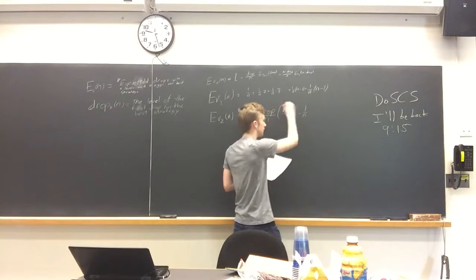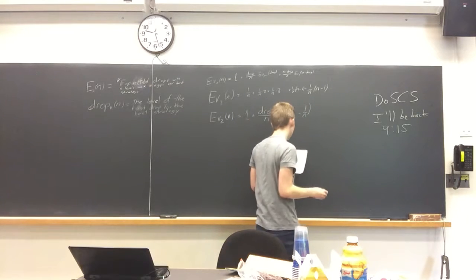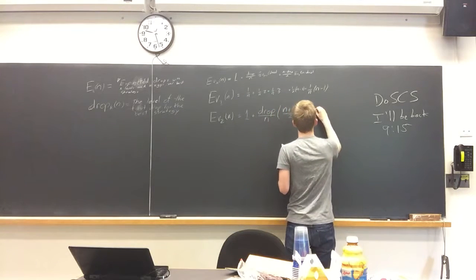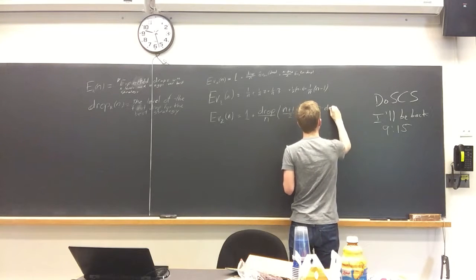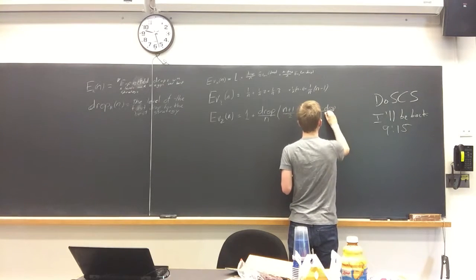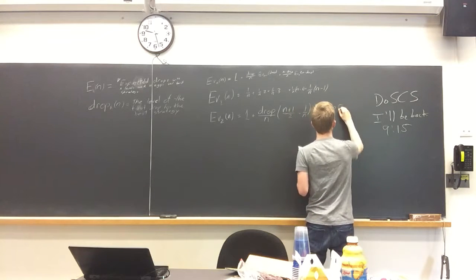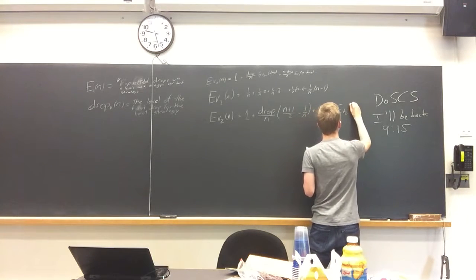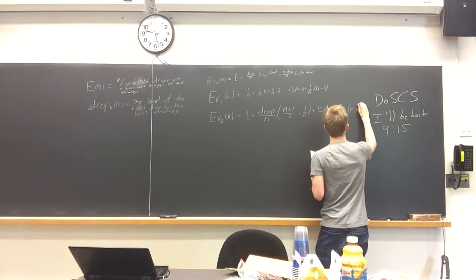It's what that turns out to be. Plus n minus drop over n times EV2 of n minus drop.